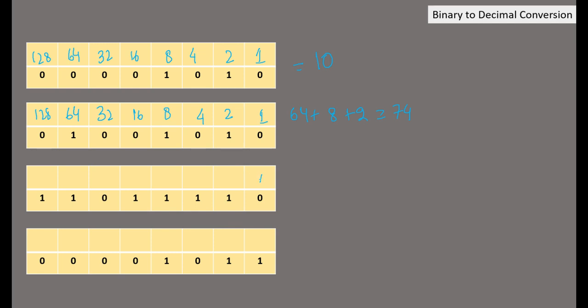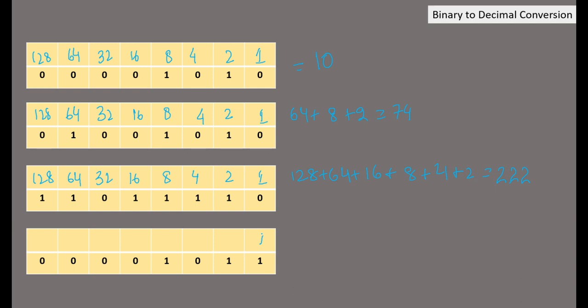And I'll do the same here, and let's see what the on bits are. So 128 plus 64 plus 16 plus 8 plus 4 plus 2, which is equal to 222.